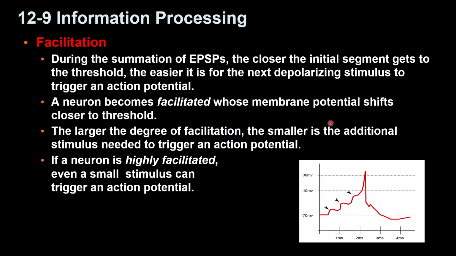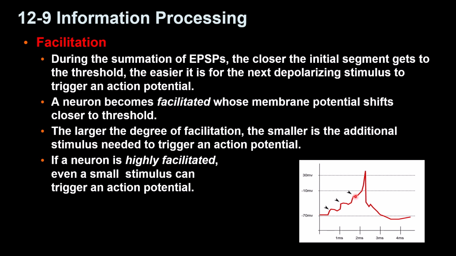an action potential. And facilitation is just a part of the summation. So here you get one stimulus, it can cause a depolarization, another stimulus, so that accumulates, another stimulus. So this is part of the temporal summation.